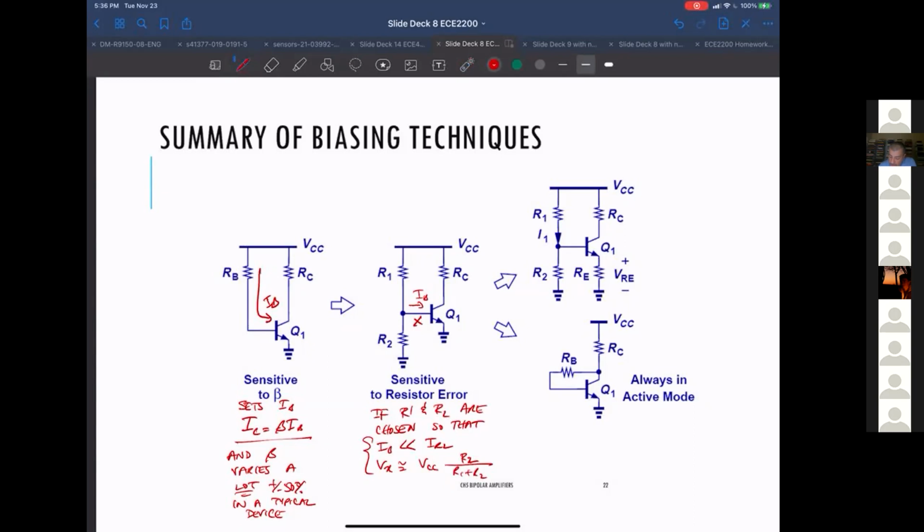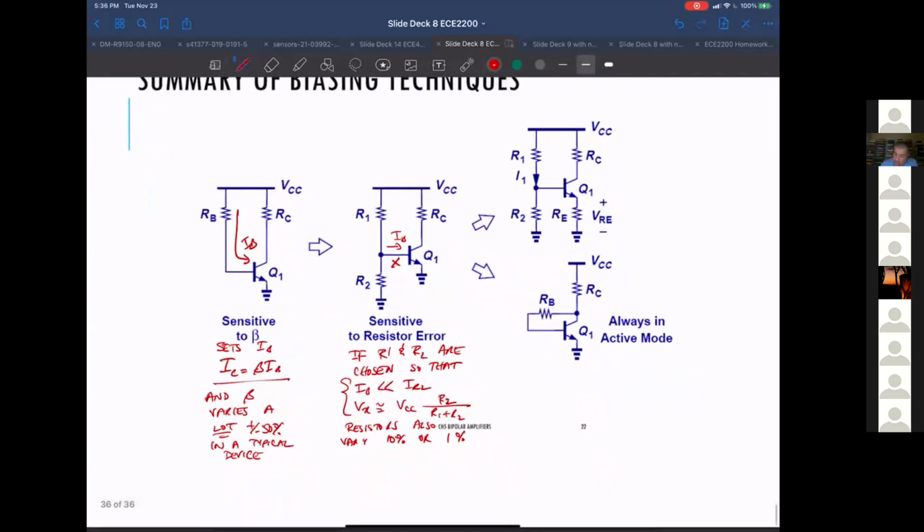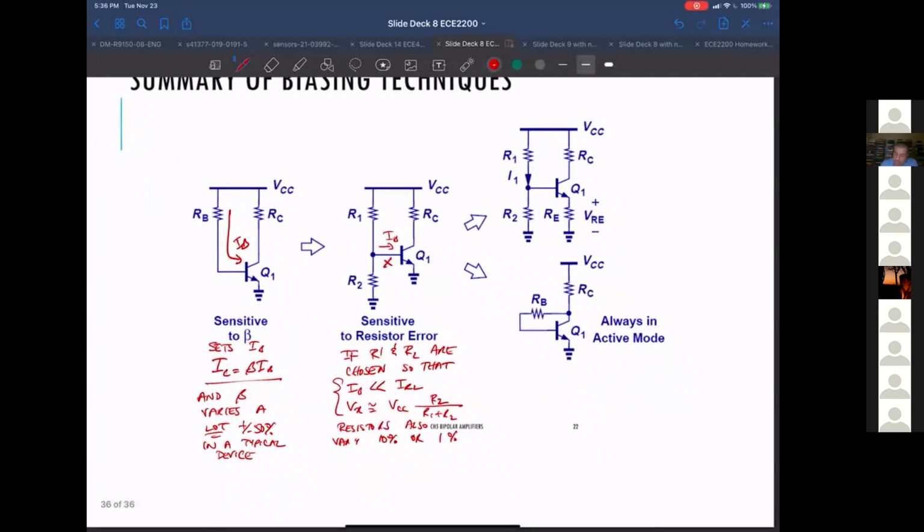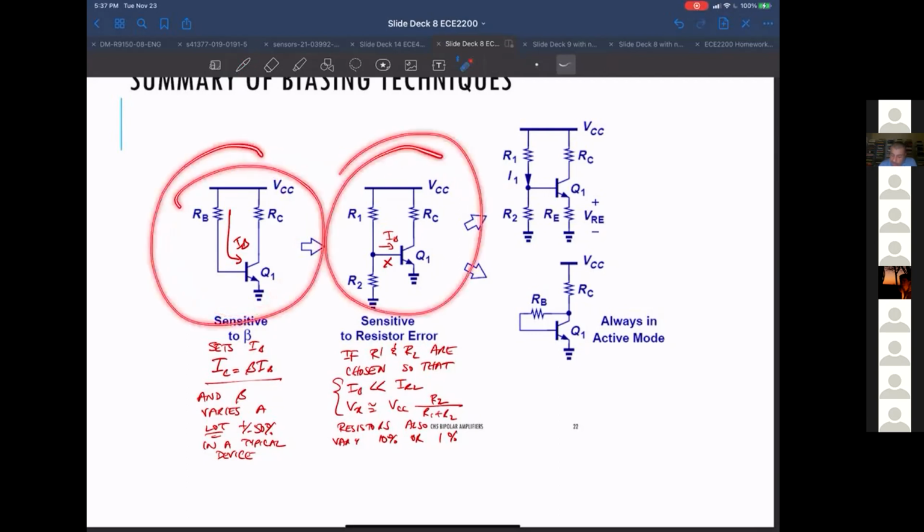The problem is, in this case, resistors also vary. So you can buy resistors of 10% or 1%. I'm sure you can go to higher accuracy resistors, but they get more expensive as you select them. So basically, both of these are affected by variations.